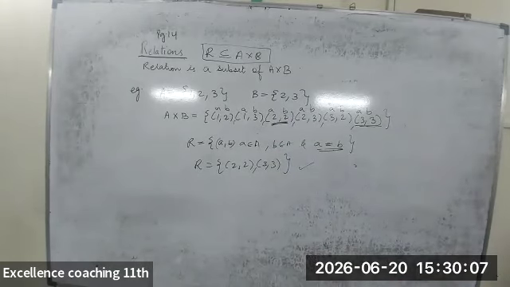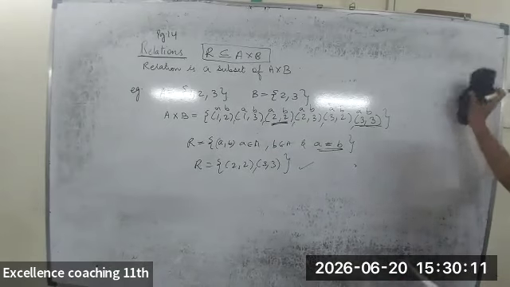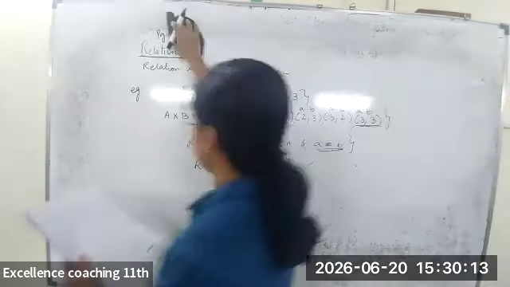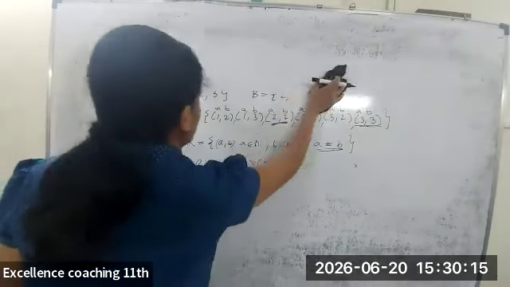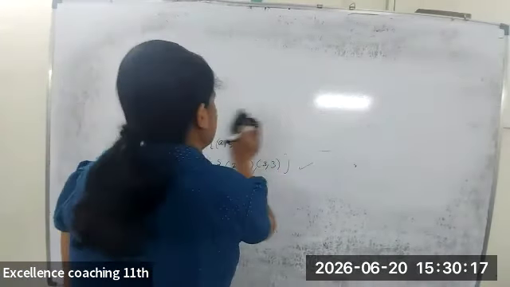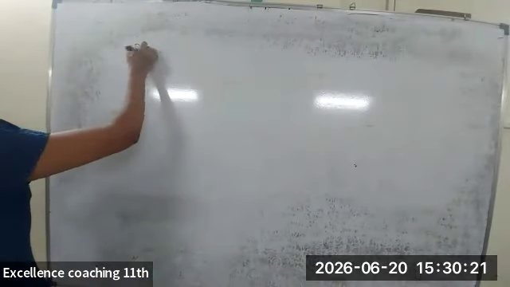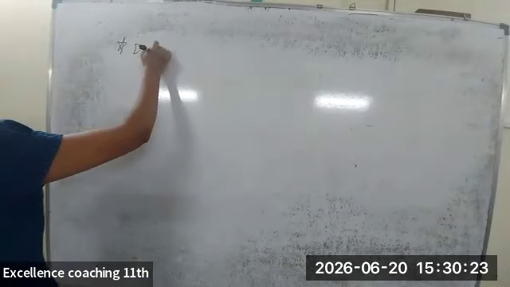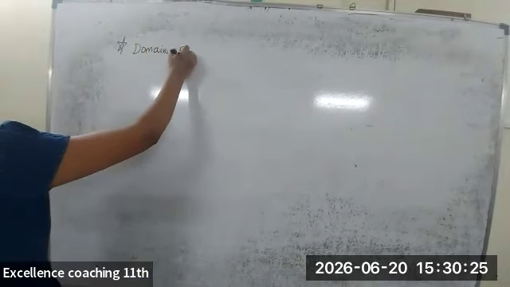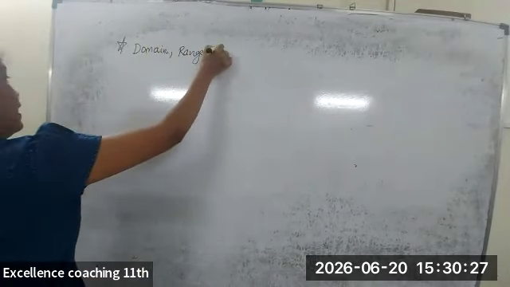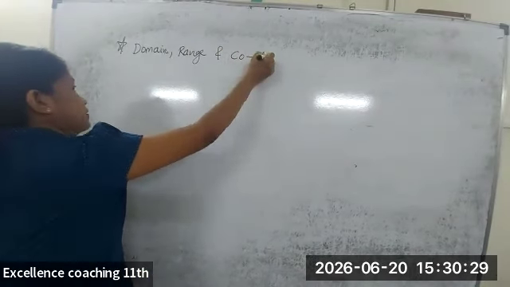Now we have to know how to find something called three terms. We have to know: domain, range, and codomain. These are the important ones. Domain, range, and codomain.